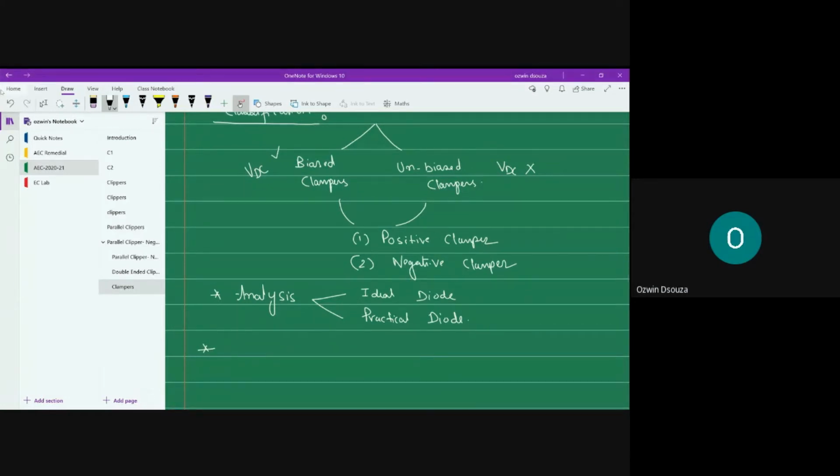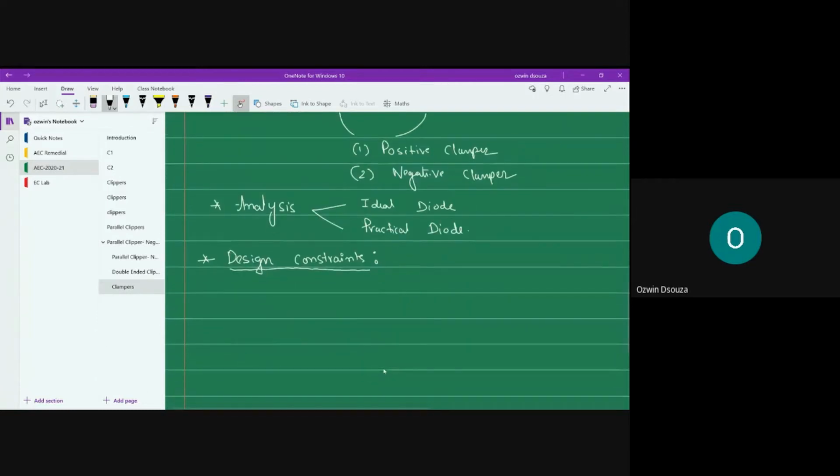Before jumping into the circuit, let me talk about design constraints. This is very important, because only if you obey the design constraints can you achieve a successful clamper operation. These design constraints are based on the rule of thumb.